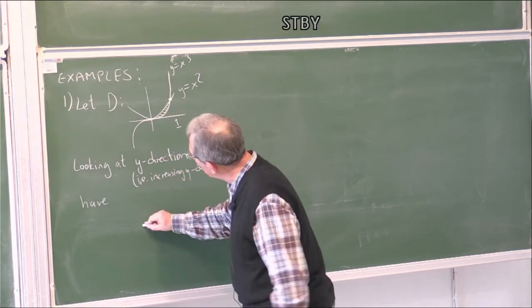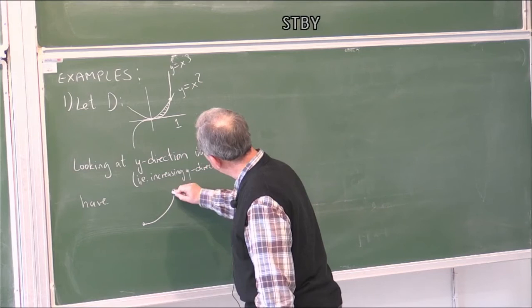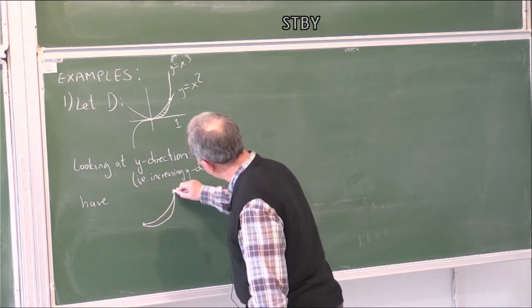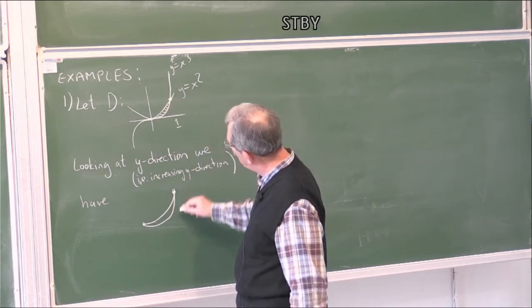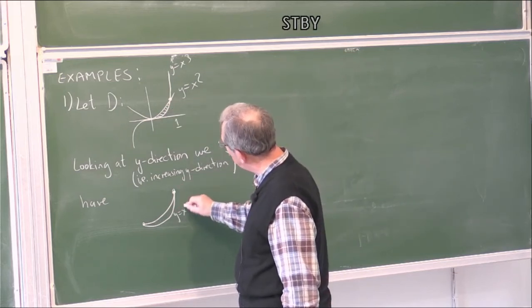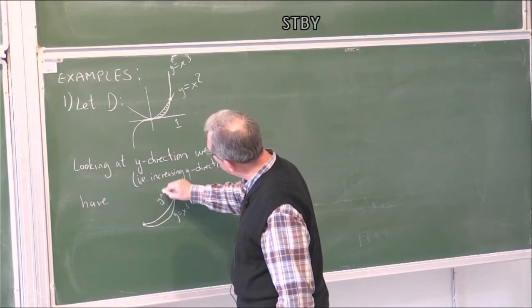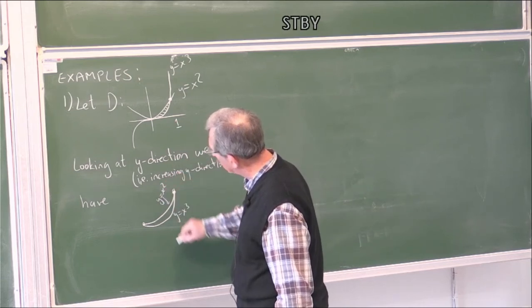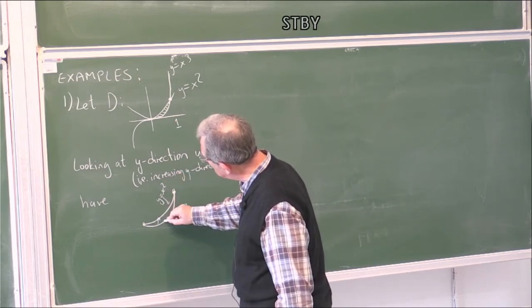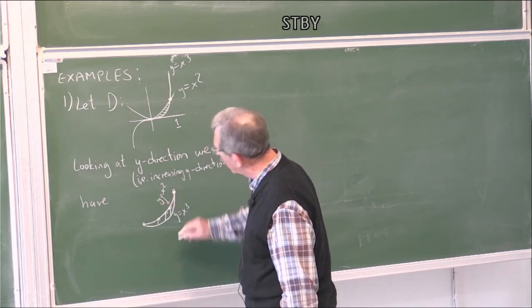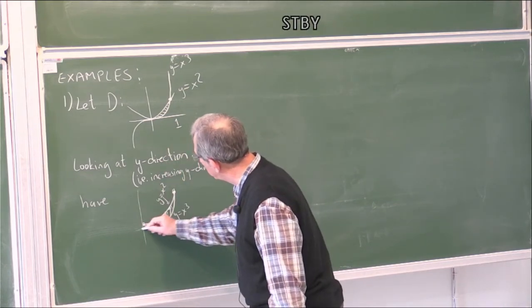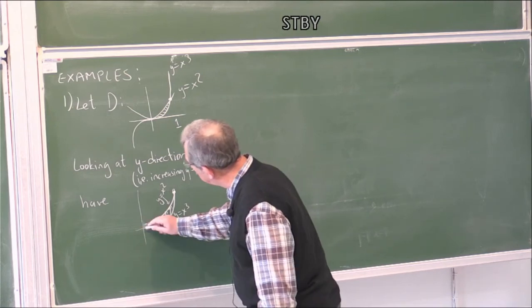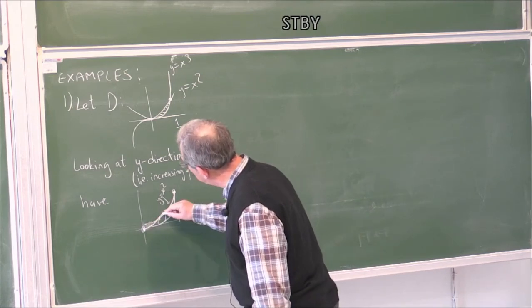We have this picture, and at the bottom we have y is x cubed. At the top we have y is x squared. And always we move in the increasing y direction. Okay, they have to start from here, of course.